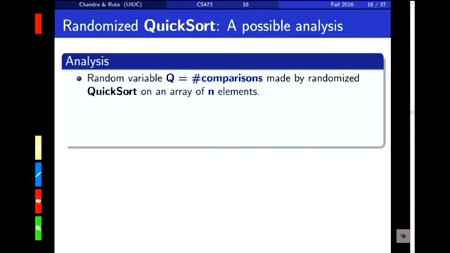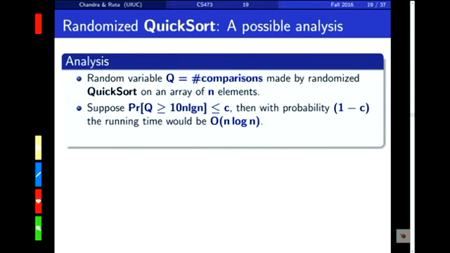Let's say we want to do a very simple analysis of QuickSort. Again, we want to count the number of comparisons made. Suppose C is the upper bound on the probability that the number of comparisons is more than, say, 10 n log n.